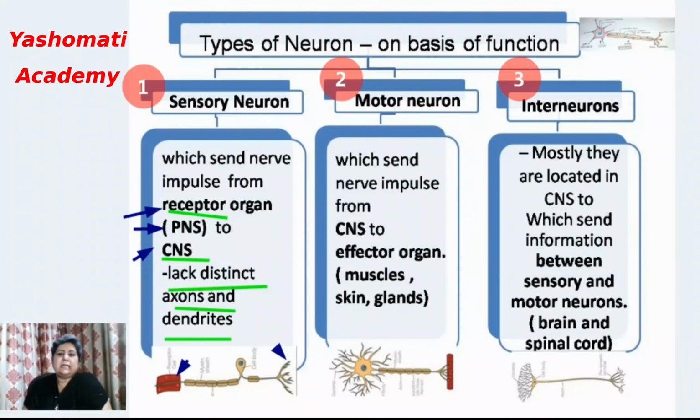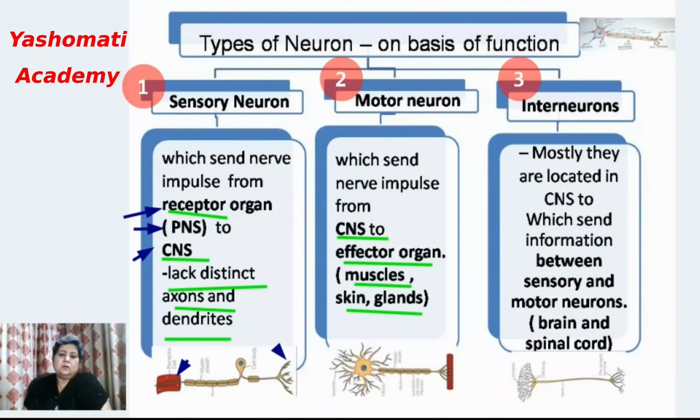Now, the second type of neuron is called the motor neuron. They take impulses from the central nervous system to the effector organ. What are effector organs? Effector organs are those organs which show the effect or which show the action. Muscles, skin or glands are effector organs where the action is shown.